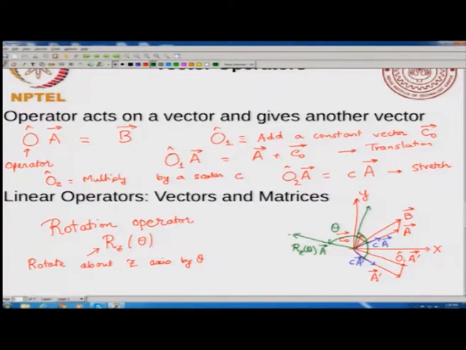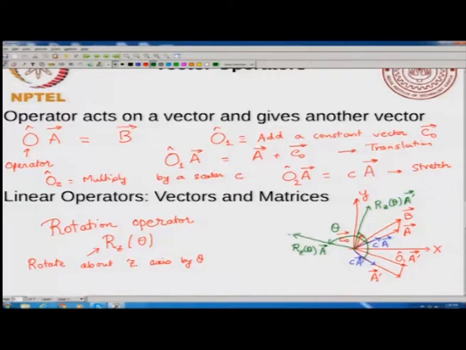So this is R z of theta into A prime. Essentially this is another example where it takes a vector and gives you another vector.